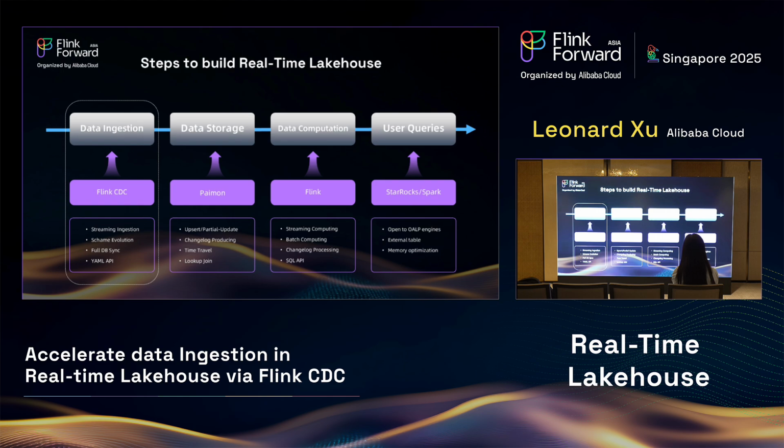The third one is you need to choose a computation engine, for example Flink. Flink is a streaming processing engine, so you can obtain better data freshness. And the last one is you need an OLAP engine like StarRocks, which is good at real-time data analytics. But today I will focus on the first part, real-time data ingestion, Flink CDC.